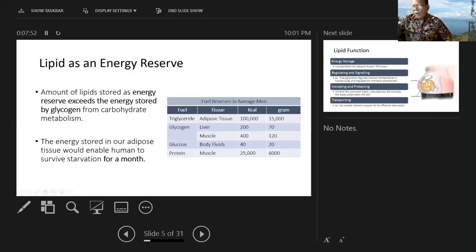Now let us see lipid as an energy reserve. The amount of lipid stored as energy reserve exceeds the energy stored by glycogen from carbohydrate metabolism. You can see this one. The energy stored in our adipose tissue would enable humans to survive starvation for a month. Let's see this triglyceride.